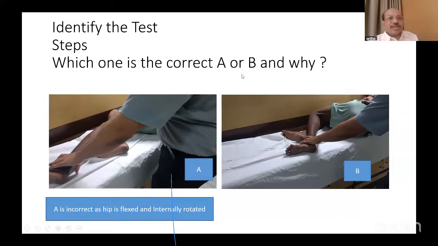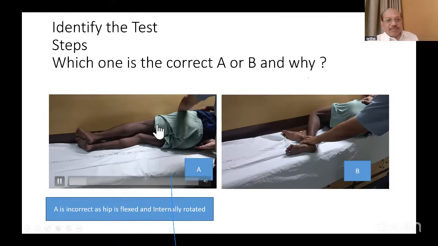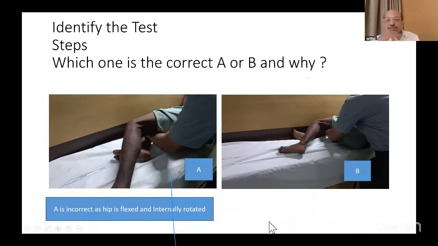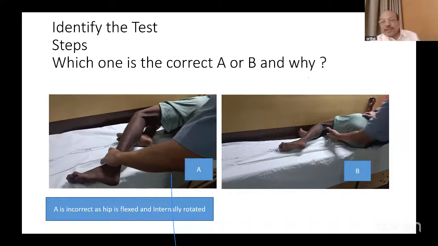Basically, this test is the Ober's test, and A is incorrect, as the hip is flexed and internally rotated. As you can check here, it is done on the affected limb, and the hip is flexed and internally rotated, so it is an incorrect one. Whereas in B, the exact step is that we have to flex the opposite limb to obliterate the lumbar lordosis.